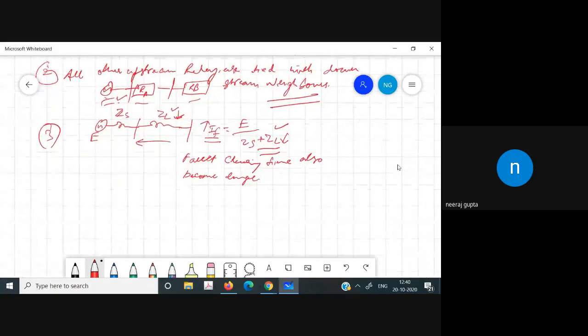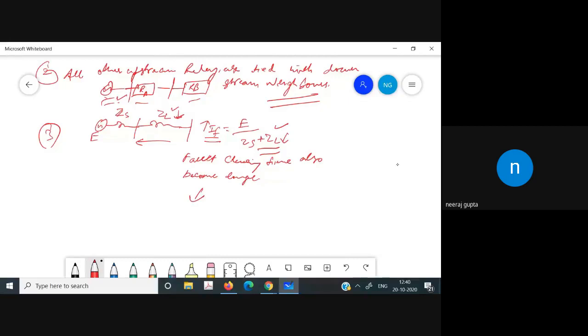Now this is due to the fact that relays near the source are deliberately delayed because they are selective with the relay downstream.